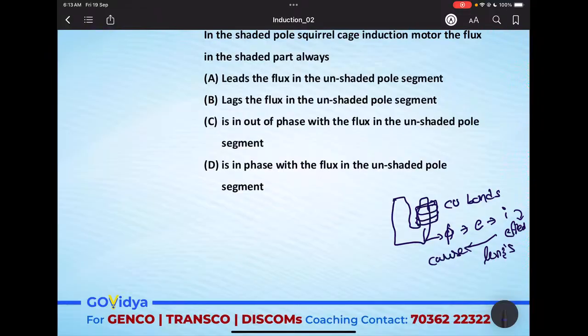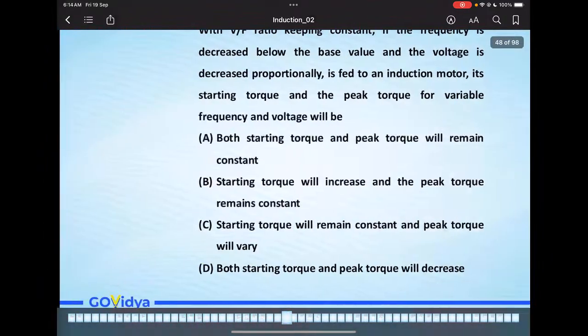That's why in the shaded portion the flux will be lagging compared to the unshaded portion. That will be option B. Okay, let's move on to the next question.